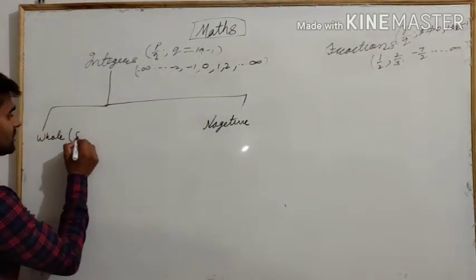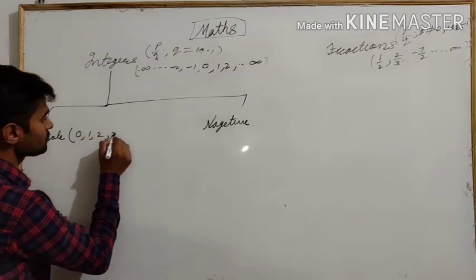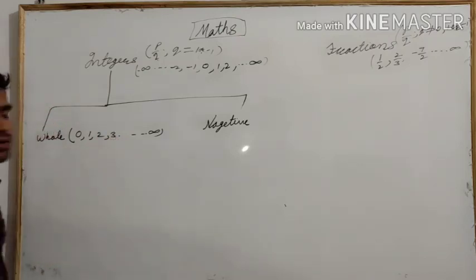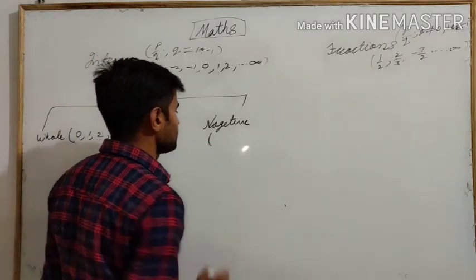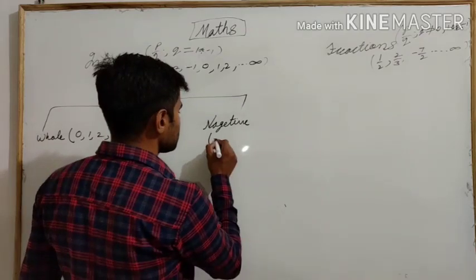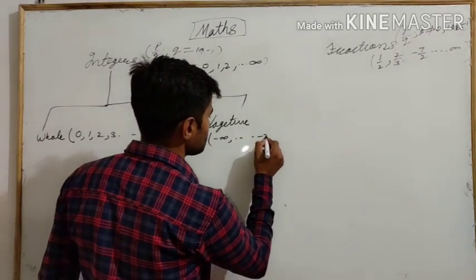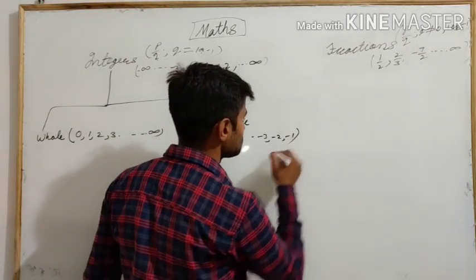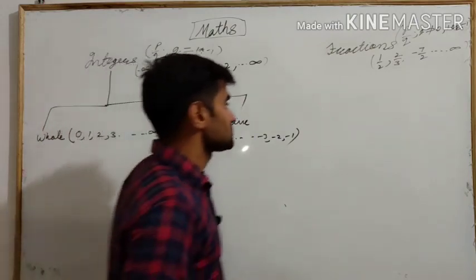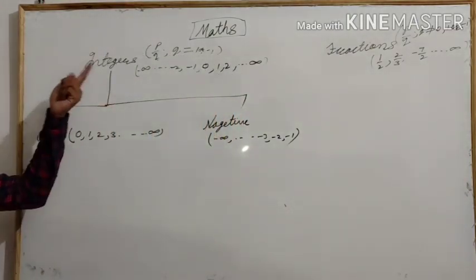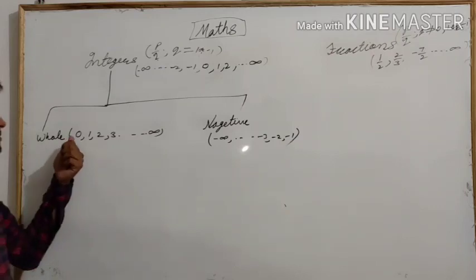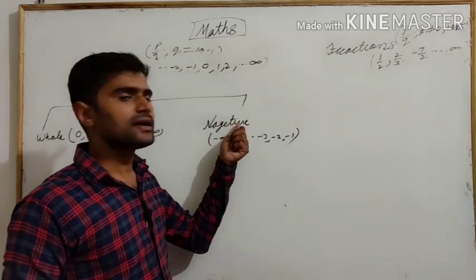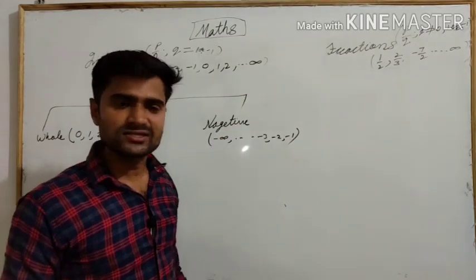Whole numbers start from 0, 1, 2, 3 and go up to infinity, and negative numbers are minus infinity, minus 3, minus 2, and so on. Integers have two parts, whole number which starts from 0 to infinity, and negative number minus infinity to minus 1.